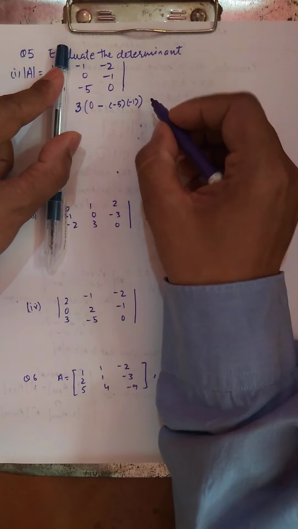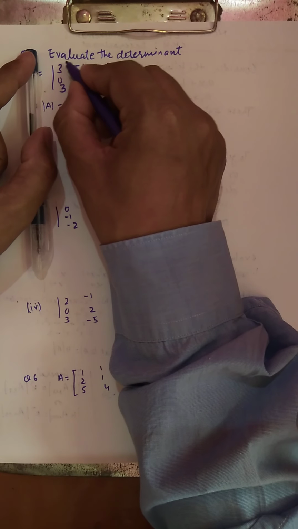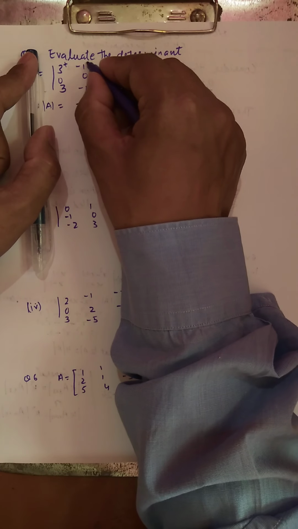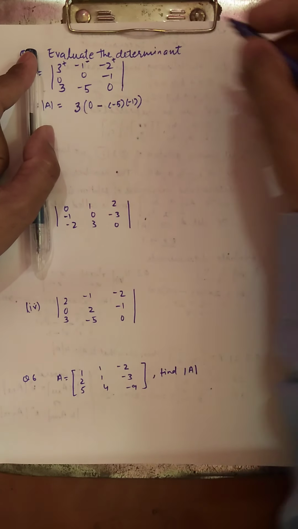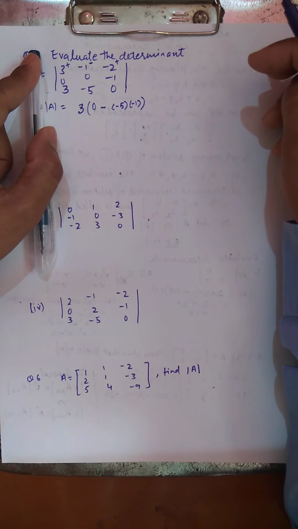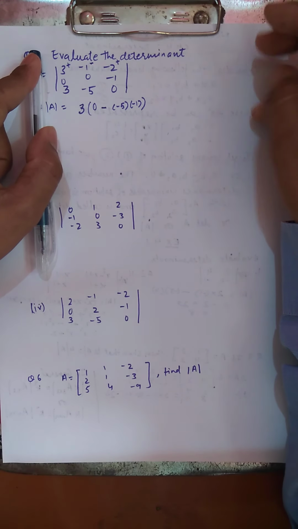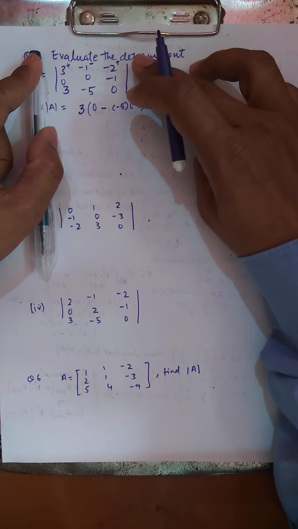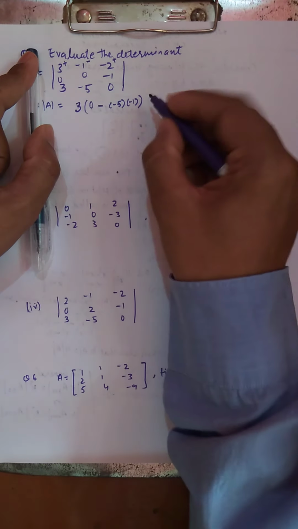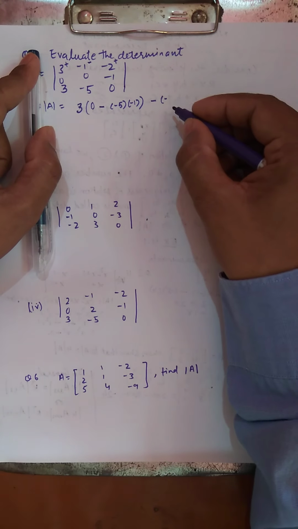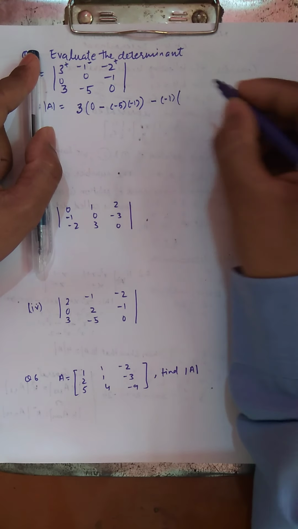Now you see, this first position is a11, so this is always plus, then you start minus, and then plus. Why I'm doing this plus, minus, plus, we'll discuss in the next exercise, but in the first exercise we just learn how to do it. So next will be minus, and a12 is minus 1, so this is minus 1, put the bracket.